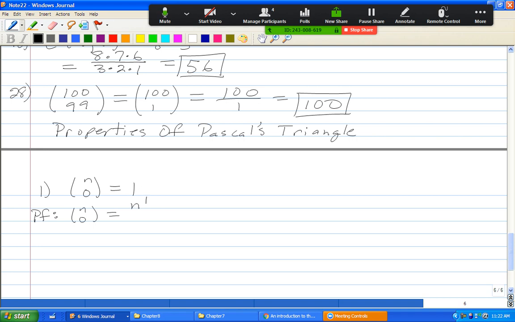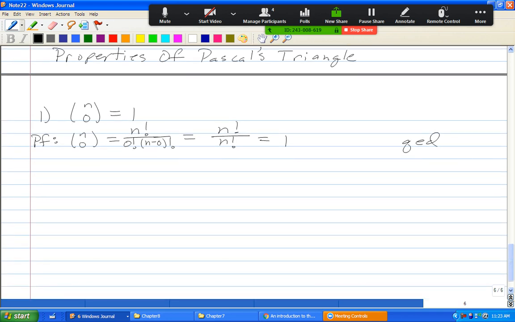Well, this is just n factorial over 0 factorial, n minus 0 factorial. 0 factorial is 1. The n factorials cancel, so you get 1. So you're done. Next.